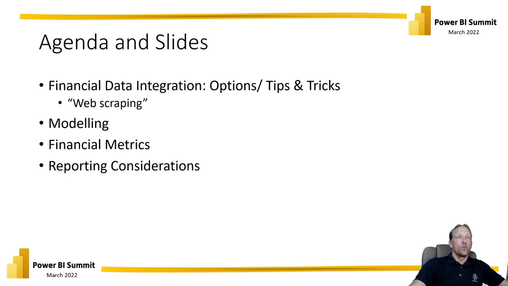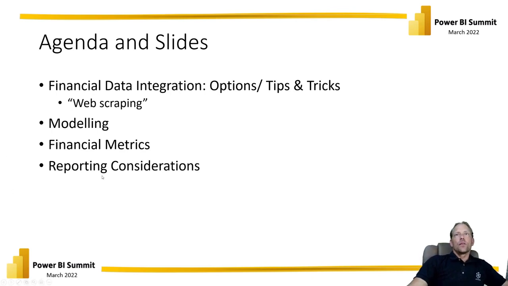In our case, we will focus on valuations, so the discounted cash flow method, to allow you to value a company. And then finally, how can you best present the information, and we cover a few reporting considerations there.